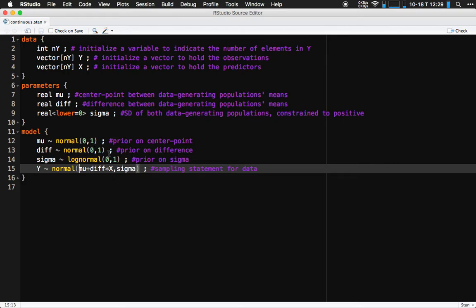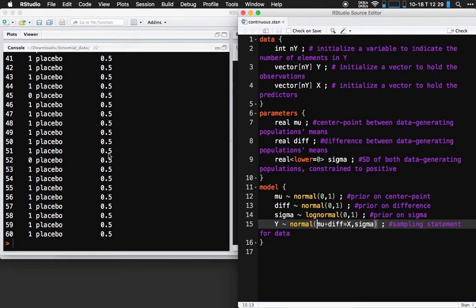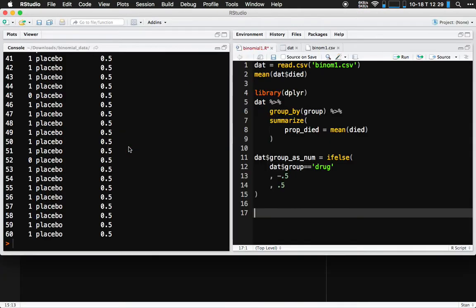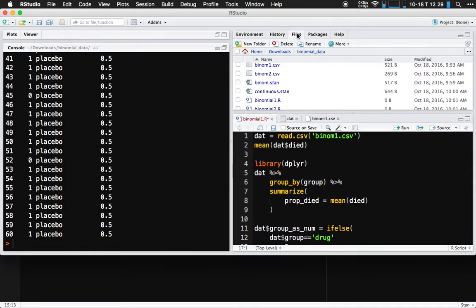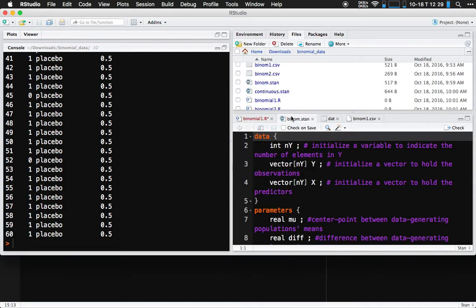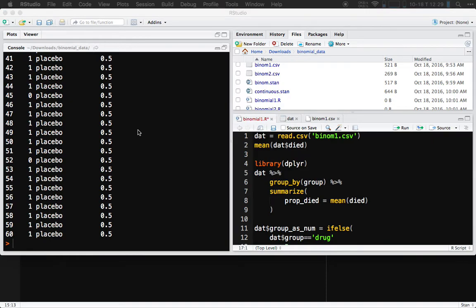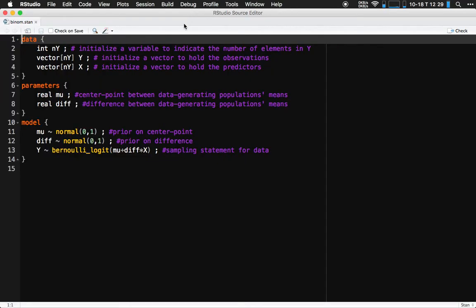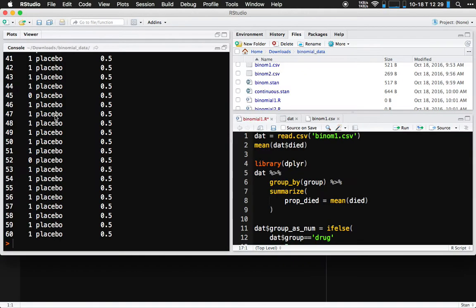So let's see what the Stan code for binomial data would look like. I'll go to Files and Binom, and I'll pull it out. It's actually a little bit shorter.